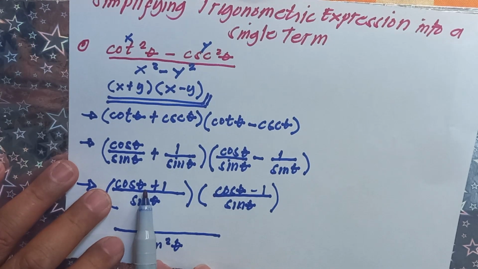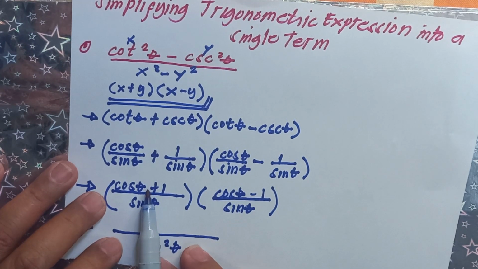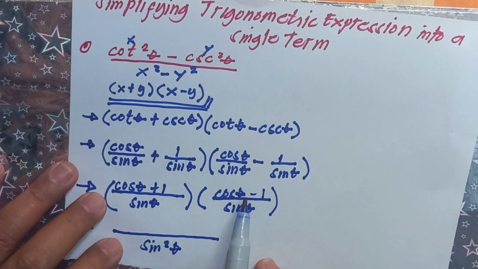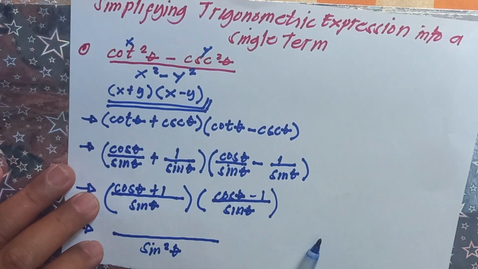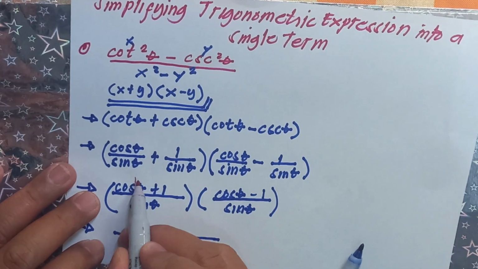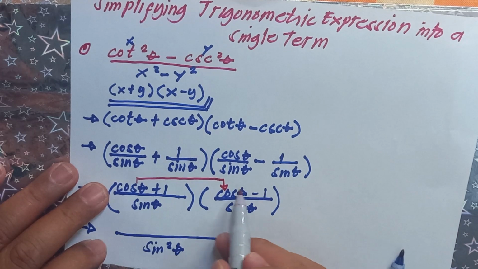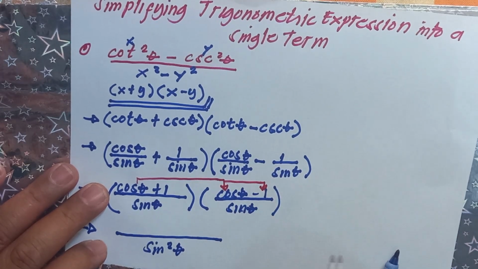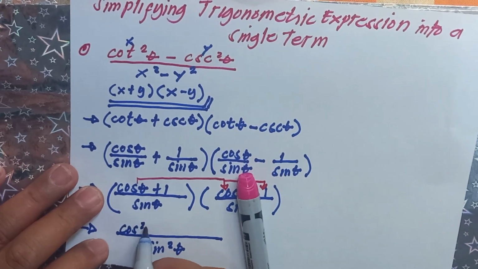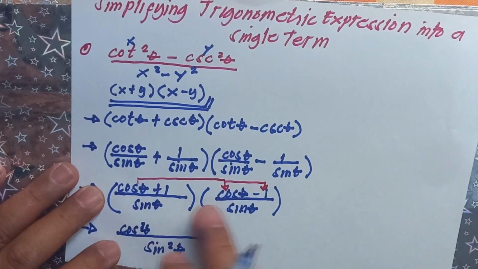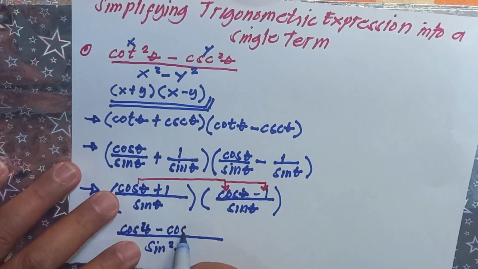Now, what about the numerator? Notice that this is actually the product of two different binomials. If we use the long method, we multiply cosine by cosine, then cosine multiplied by negative 1. So the result is cosine squared theta minus cosine theta.